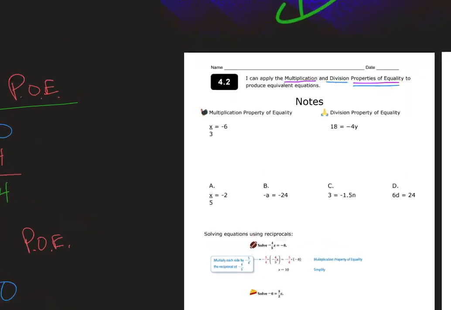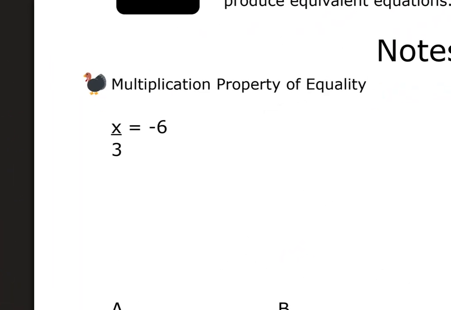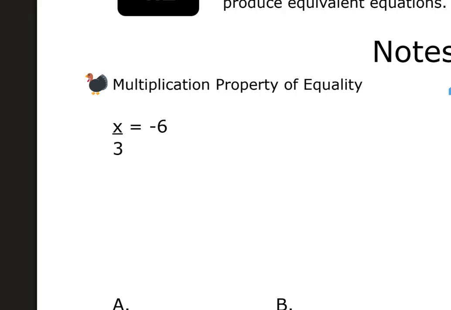So why am I saying all that? Because check it out. The multiplication property of equality is looking at this and saying that is x divided by 3. And if you're thinking, no, that's a fraction, fractions go with dividing, you guys.